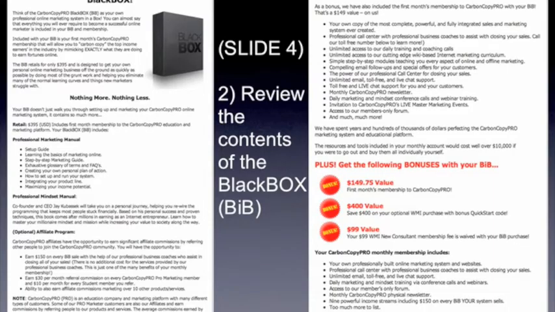Number 4, you're going to ask them to review the contents of the black box, the bib. Basically, what they're going to be receiving, using the platform as a way to launch the business of branding themselves.